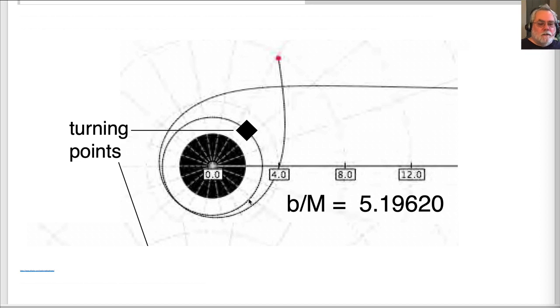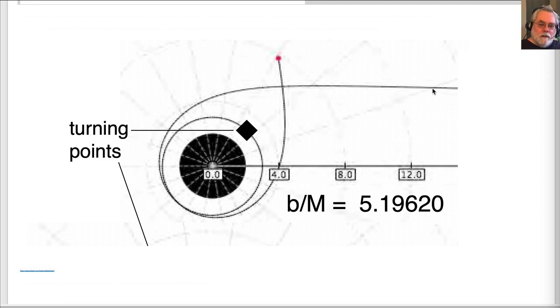In this case, it went around the black hole once, coming very close to the ring of fire, but it escaped the ring of fire, spiraled out, and it may be seen by some observers in that direction.